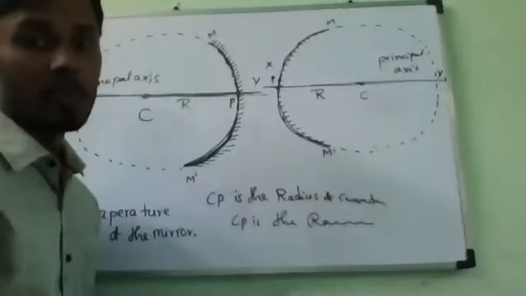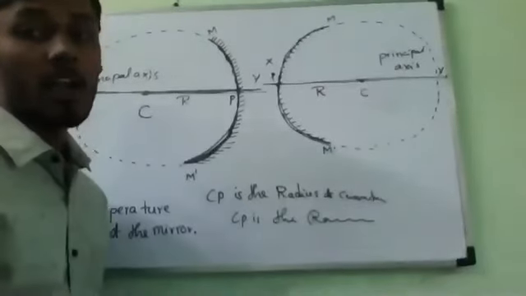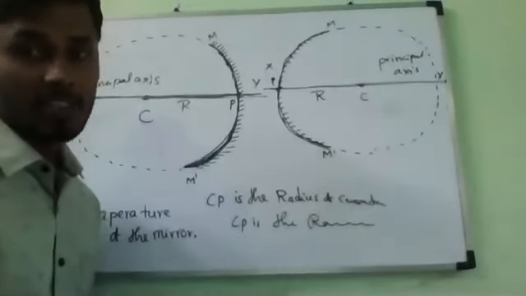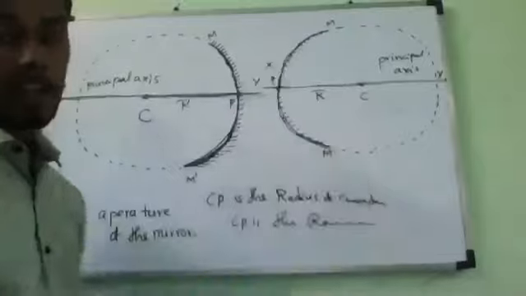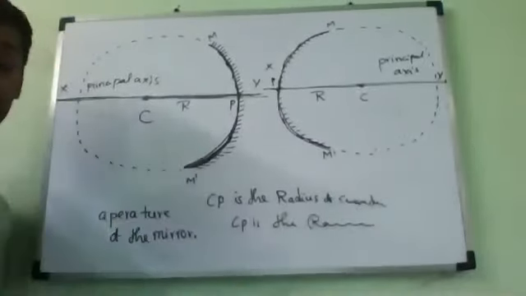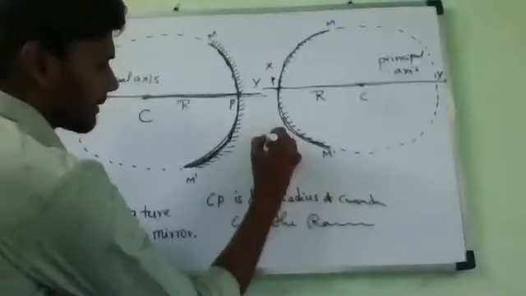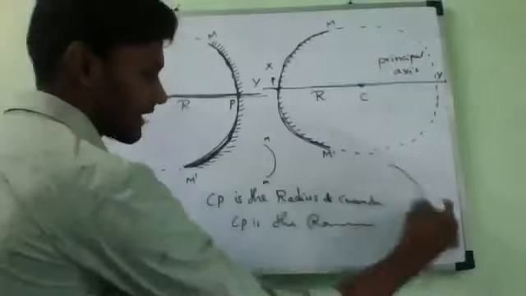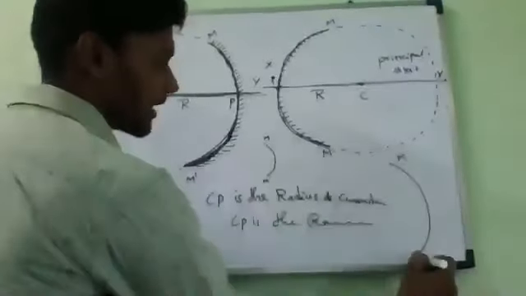But sir, why should we know this? Remember, the aperture of the mirror always gives us the size of the mirror. For example, I will draw one mirror, M and M dash, and another one. Have you noticed? M and M dash here and here.